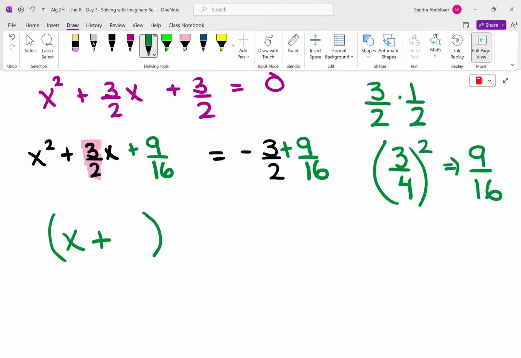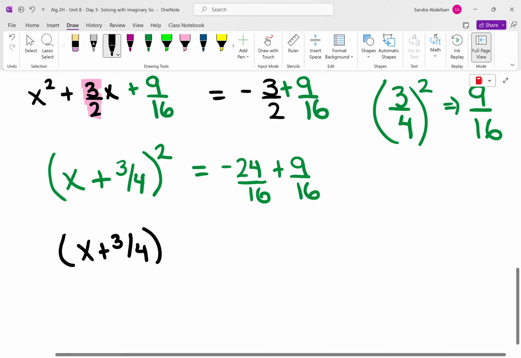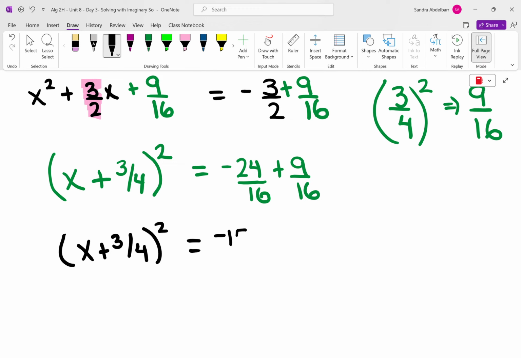So the square root of 9/16 is 3/4. So x plus 3/4 quantity squared is equal to, on this side I have to make a common denominator, so I'm going to multiply top and bottom by 8, so negative 24/16 plus 9/16. So now we're going to have x plus 3/4, that quantity squared, is equal to negative 15/16.